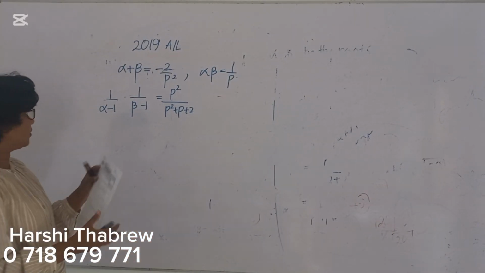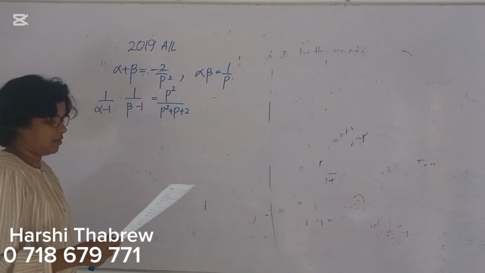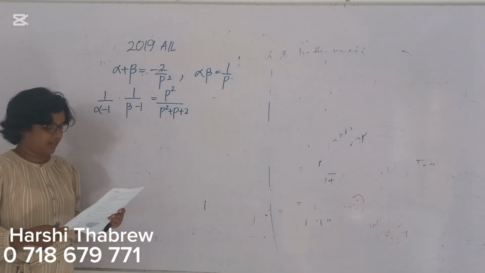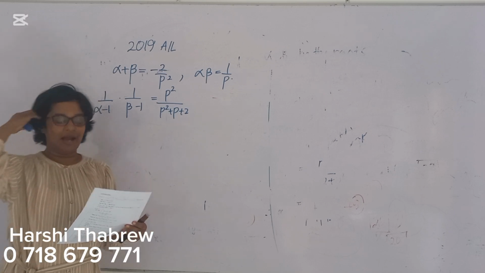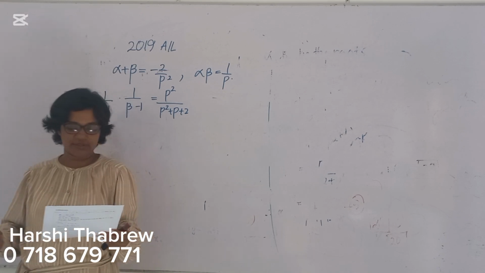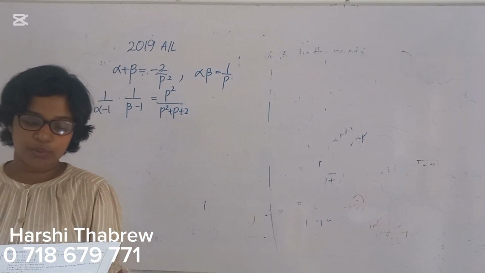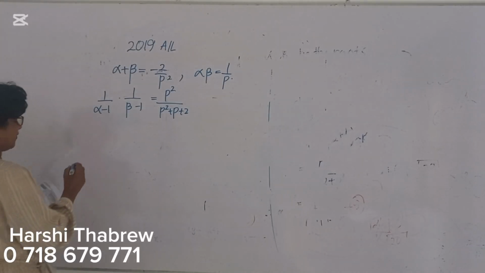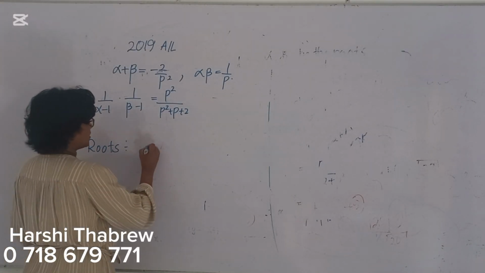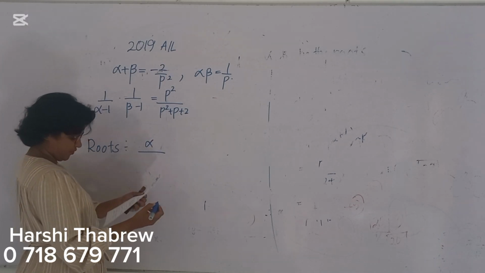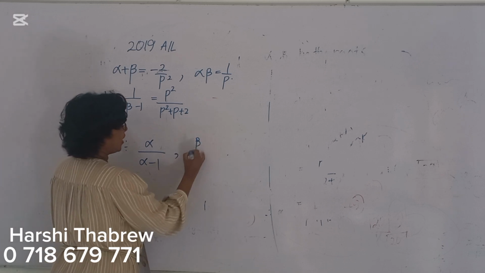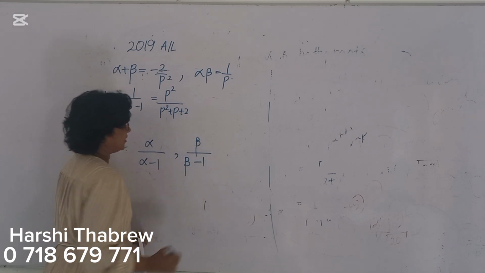Now you have these results. You found them in previous parts. Now let's see what the next part is. Show also that the roots of the new quadratic equation are alpha over alpha minus 1 and beta over beta minus 1.